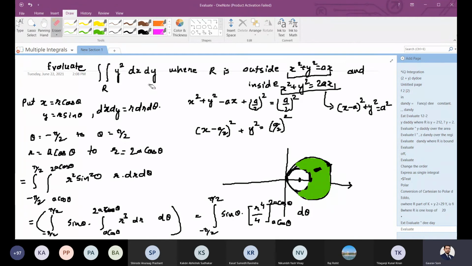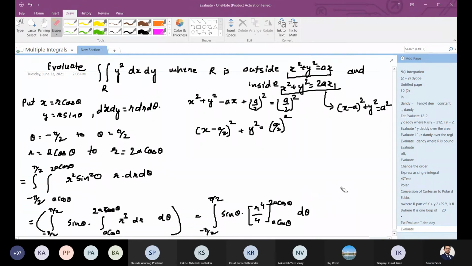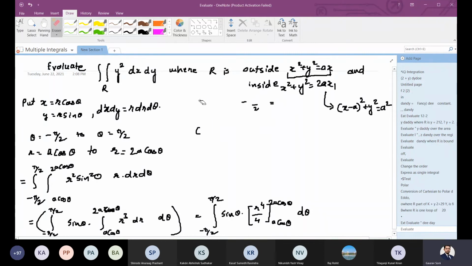So I'll drop the diagram now. Even the explanation of the circle, which we already discussed while we started the lecture.